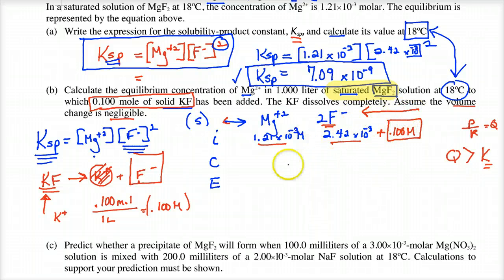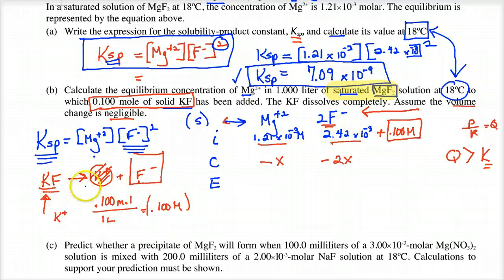So we're going to be minus some value here. So this is minus x. And if you haven't already guessed it, this is minus 2x. That's the change. So the initial concentrations that we have are this value because it was saturated.